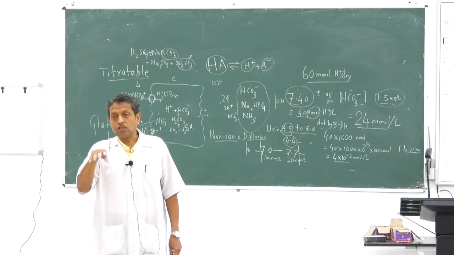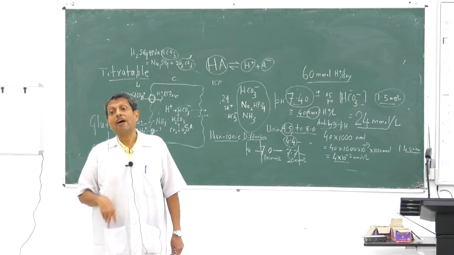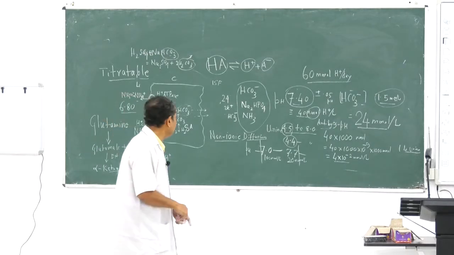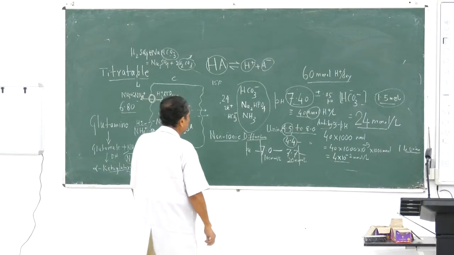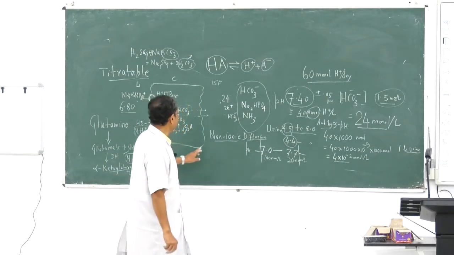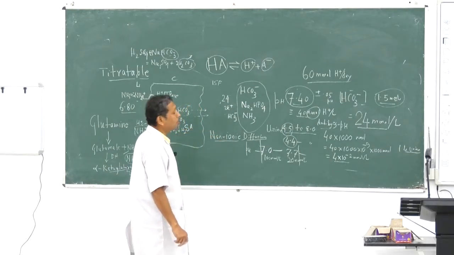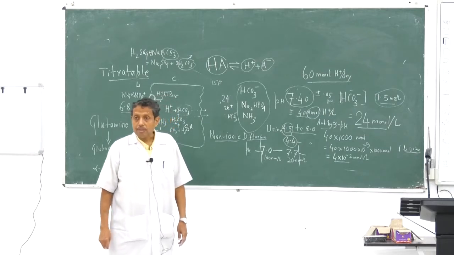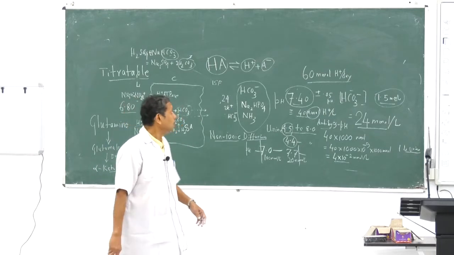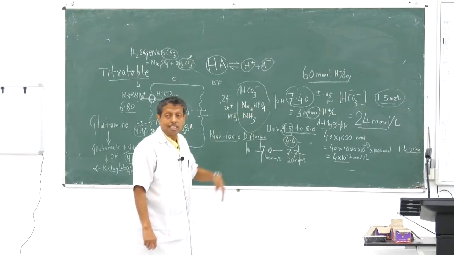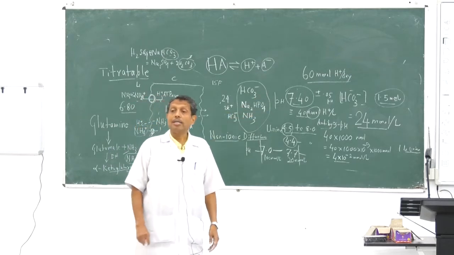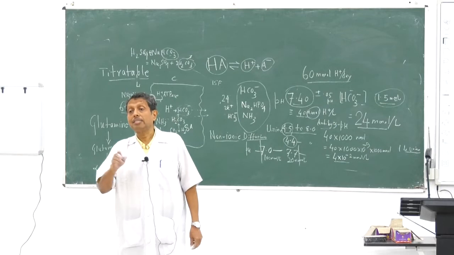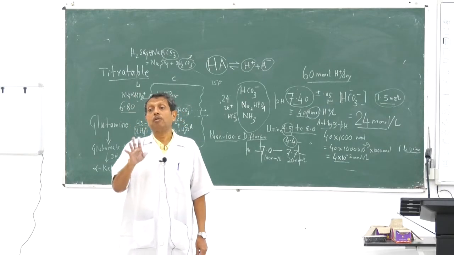So this additional phosphate acts as a buffer, but the maximum limit is 12 to 14 millimole per day, 40 millimole, not more than that. But if the requirement is much more than 60 millimole, to hundreds, 100, 200, 300, then there is adaptation.